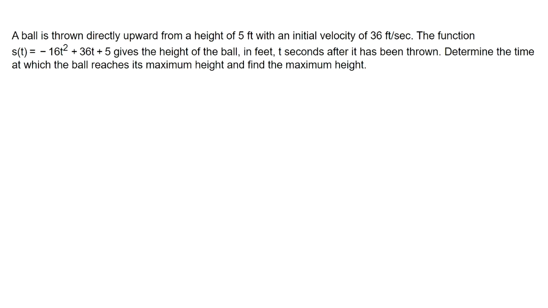So now this is the formula that we are using. They give it to us here. So I just need an A, which is -16, and a B, and I just need my vertex formula.